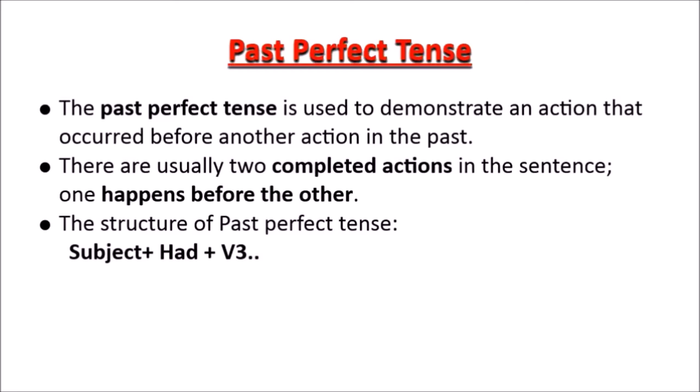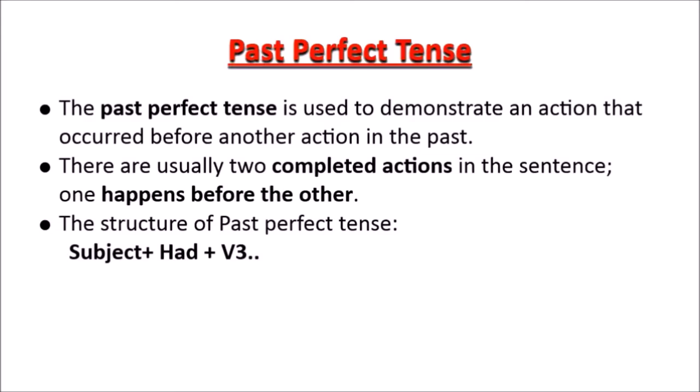Okay class, now let's move on to the next tense, that is past perfect tense. So this is the second type of tense in perfect form. Let's look at the definition. The past perfect tense is used to demonstrate an action that occurred before another action in the past. So what it denotes? It denotes an action that has already occurred before another action in the past.